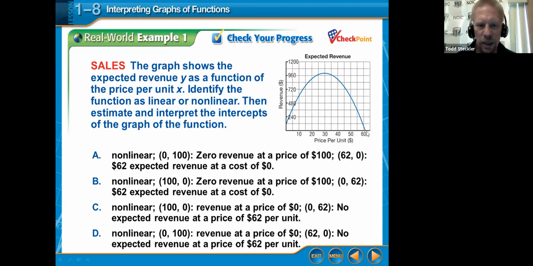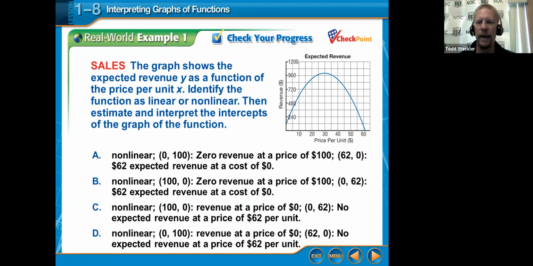So in this case, the number is 62. So the x-intercept is (62, 0). And so what that means is when the price per unit is $62, the revenue is 0.